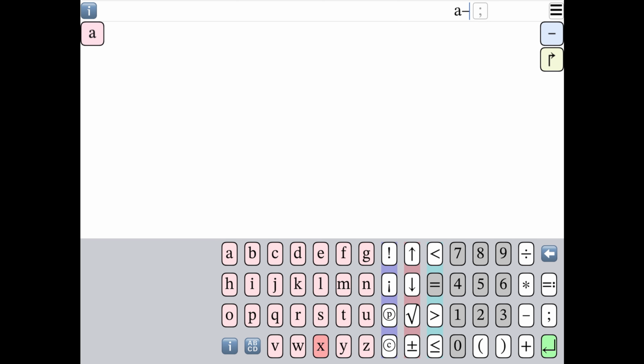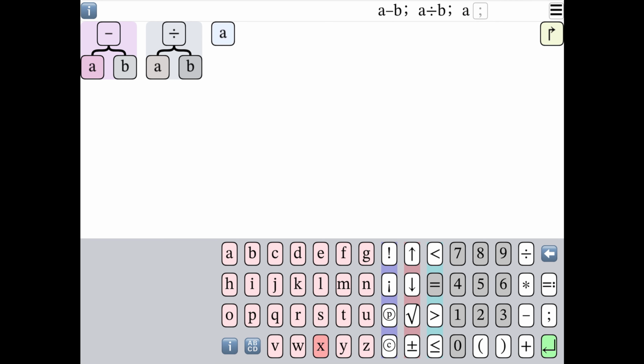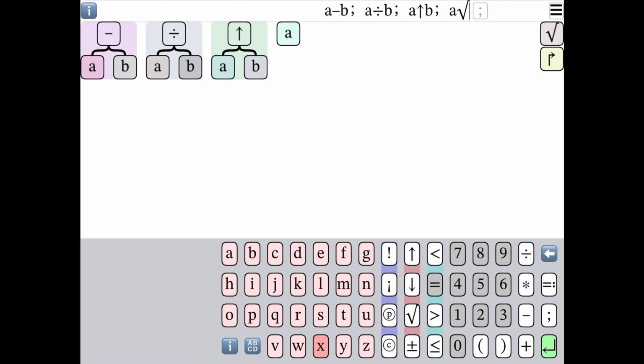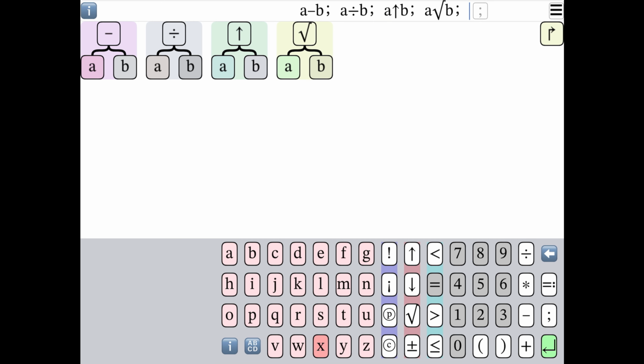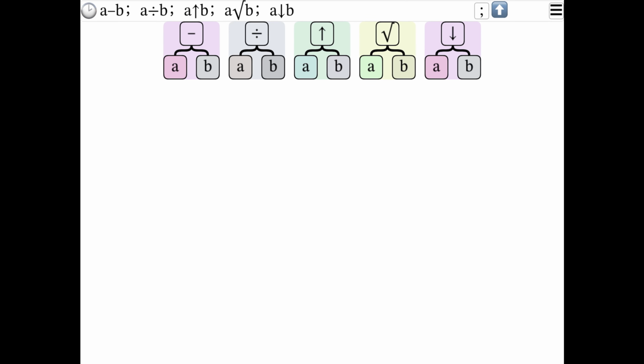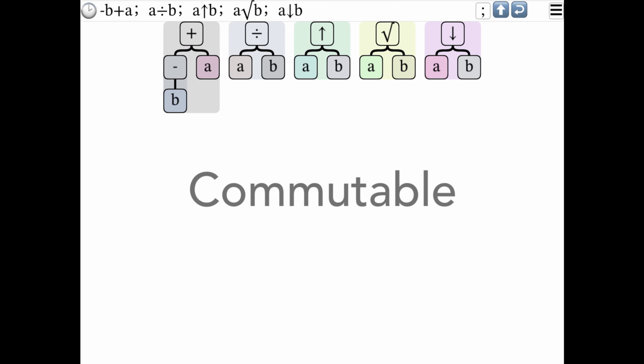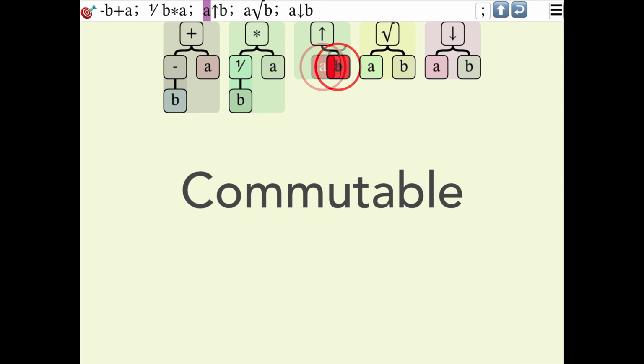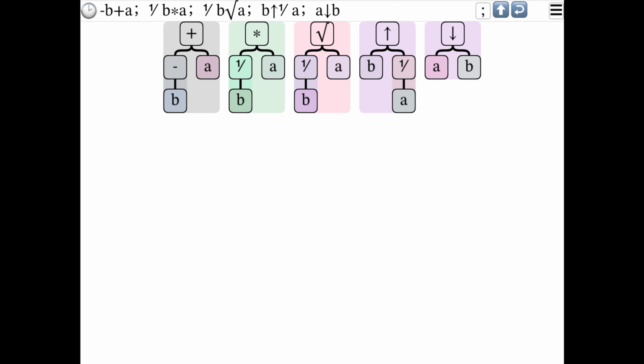Subtraction, division, raise, root, and log are not commutative, but they are commutable, if you remember the other changes that must go along with them.